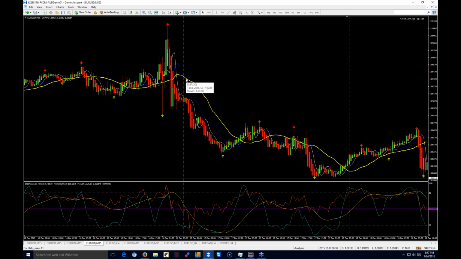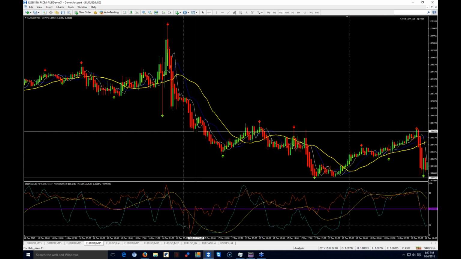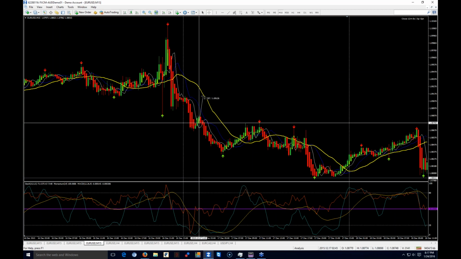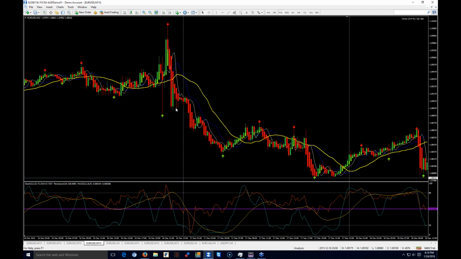But realistically speaking, it's going to be in this order: yellow, blue, white. And the candles are just going to go like this. Now, rest assured, if this was to come up, on average, the highest it can probably go is right around here. So that's a really good range to keep things at.